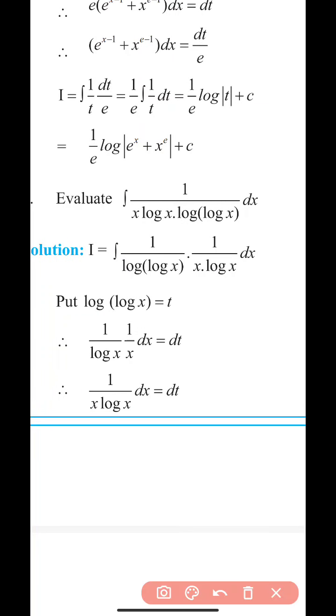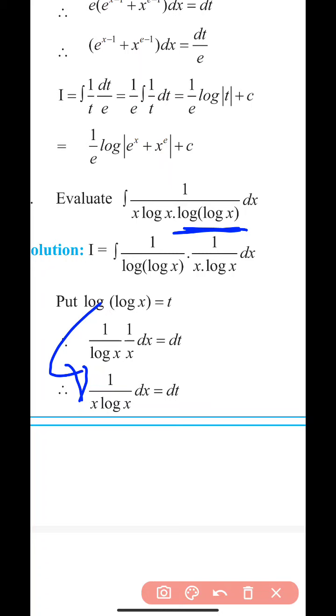So this is the integration of 1 divided by x log x into log of log x. Now you can see this, the log of log x, if you consider it as t, its derivative will be found with the chain rule.